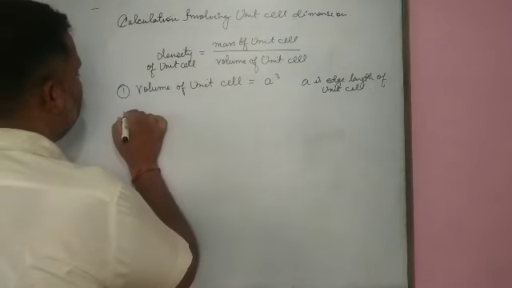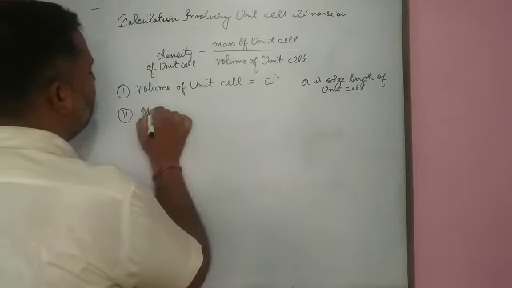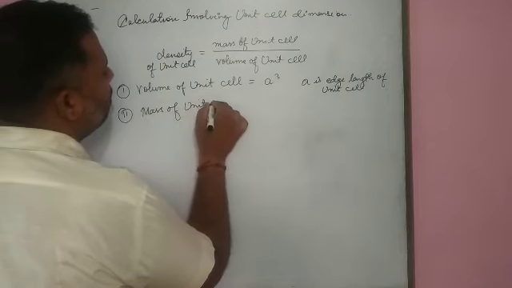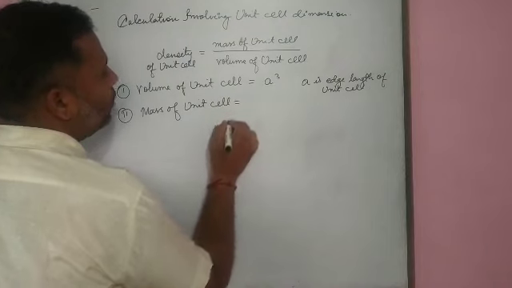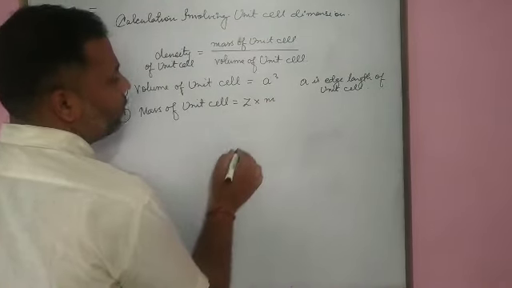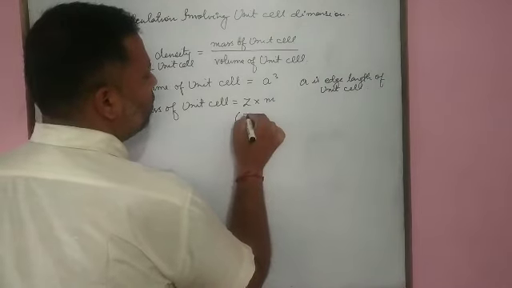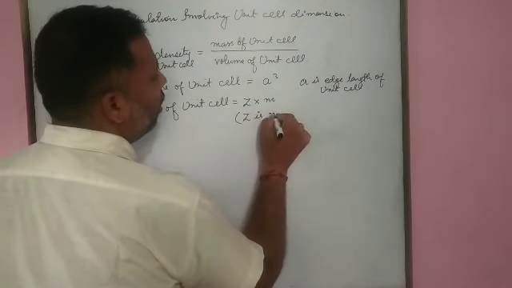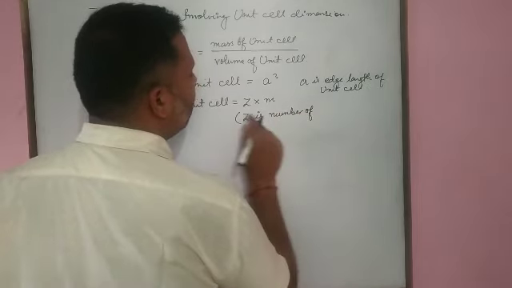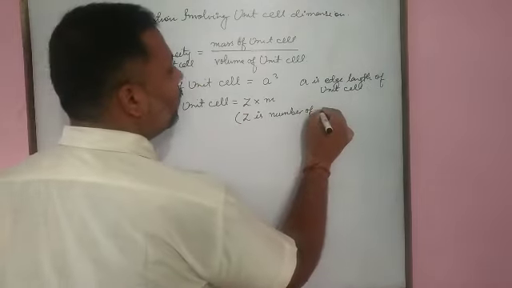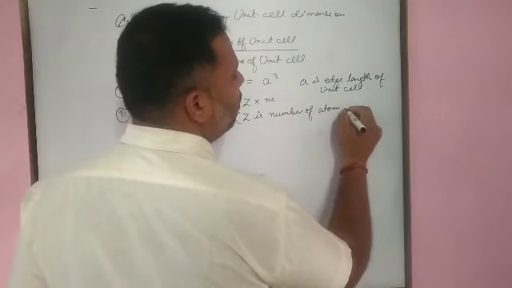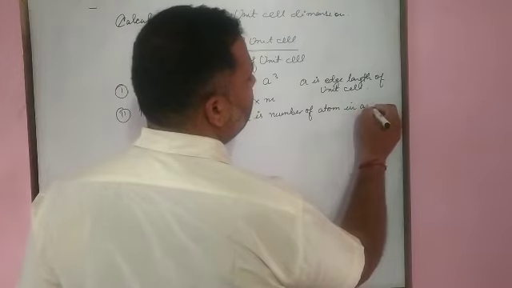The mass of the unit cell is equal to Z into M, where Z is the number of atoms in a unit cell.